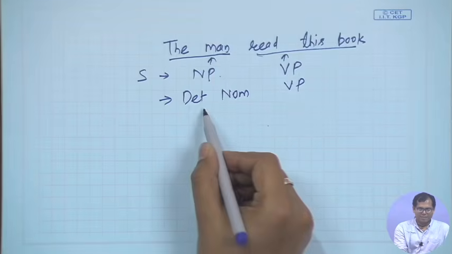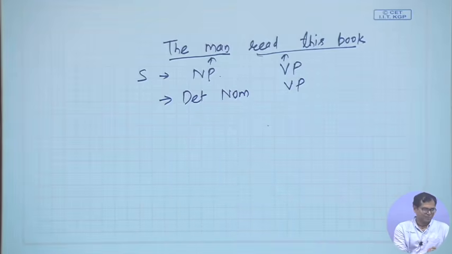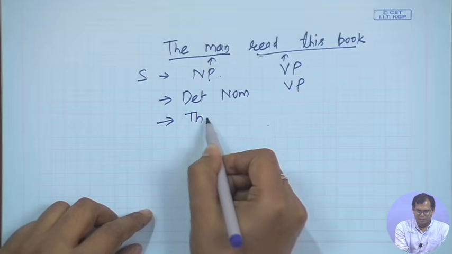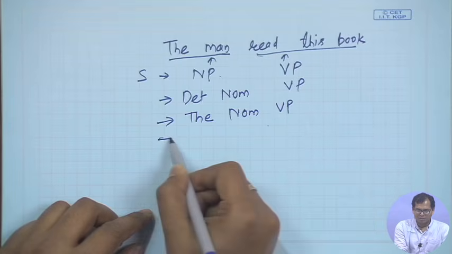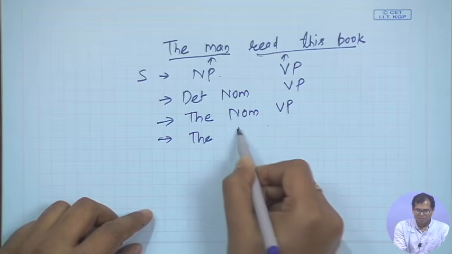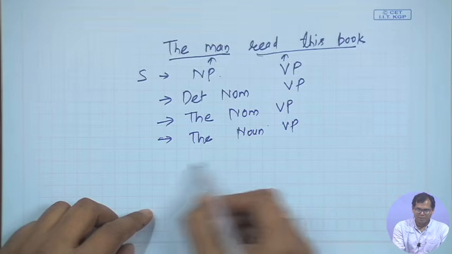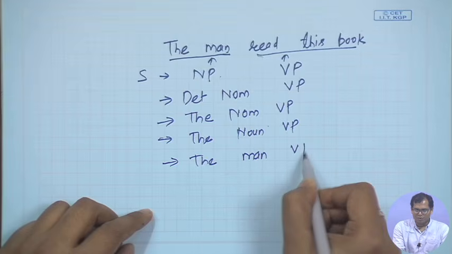Determiner can give me the, and nominal can give me noun, which can give me the word man. So in some steps I get the noun verb phrase. And if I want to complete this, I will say the man verb phrase.